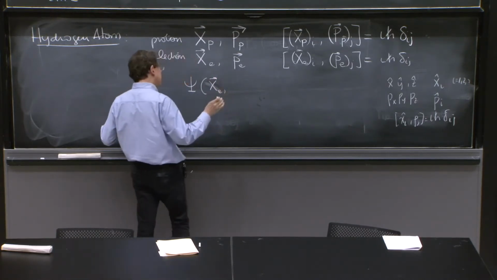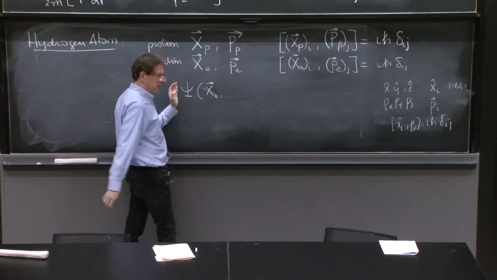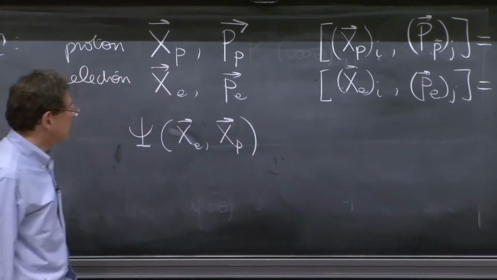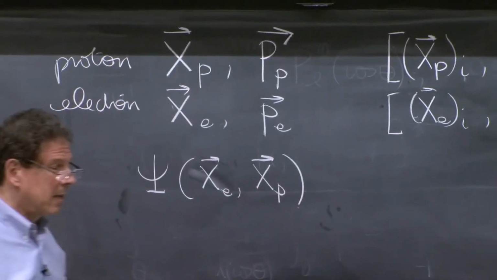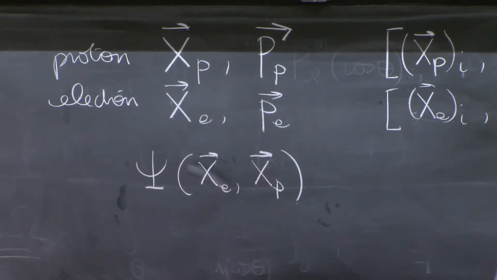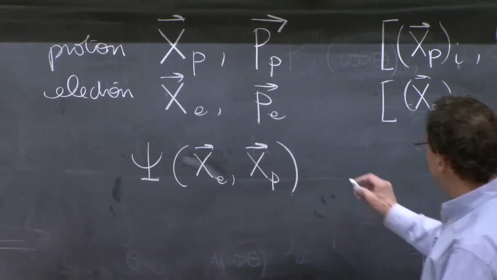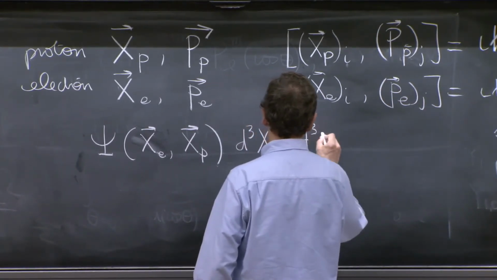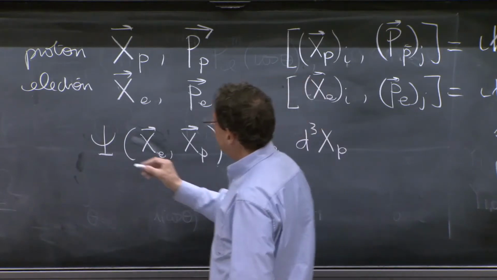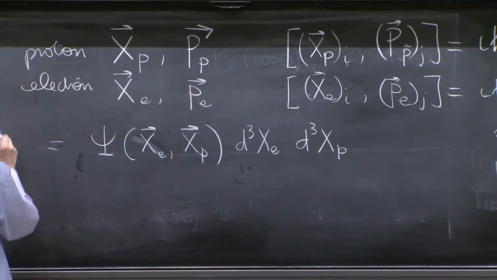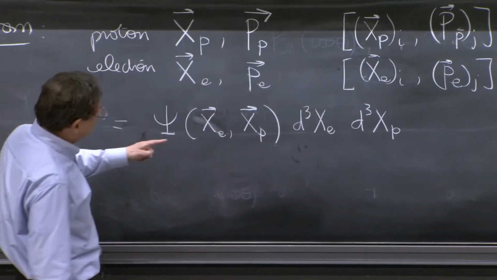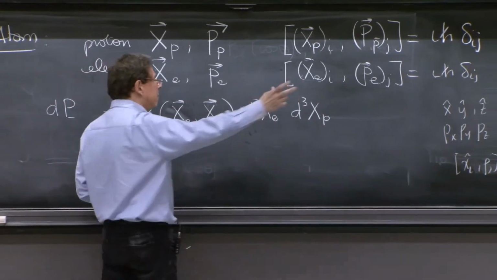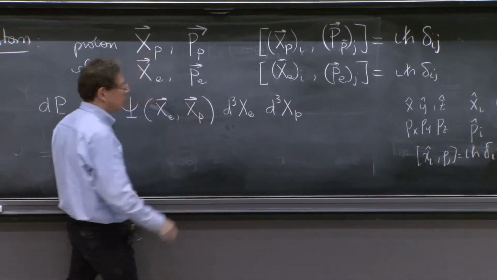If you had just an electron, you would have a wave function that depends on x of the electron, and here it also depends on the coordinates of the proton. And how would you normalize it? Well, this thing times d cubed x_e times d cubed x_p is the probability dP to find the electron around a little cube about the point x_e and the proton around a little cube around x_p.